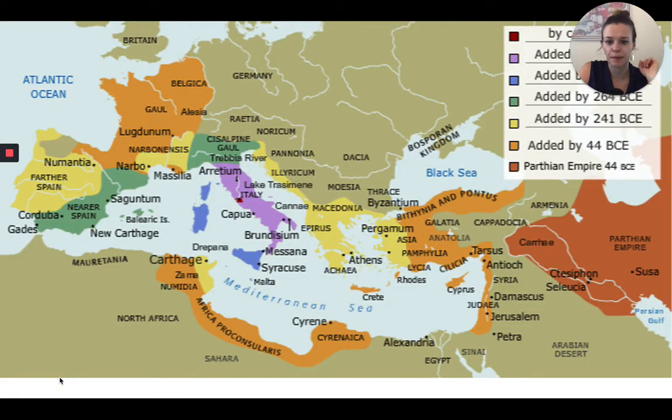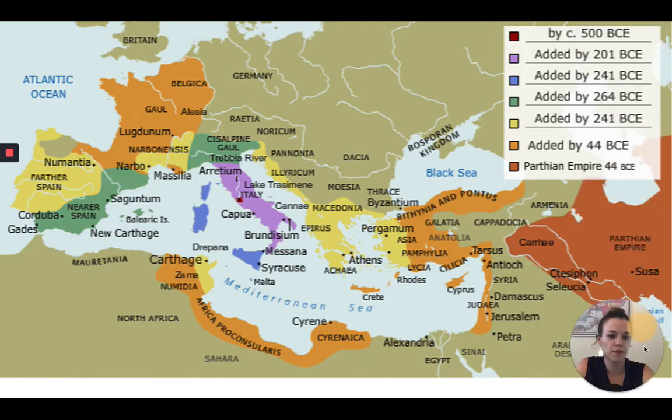All right, let's look at this map. Let me move my face out of the way. All right, here's the city of Rome itself. Then, by 200 BCE, they have conquered the Italian subcontinent.